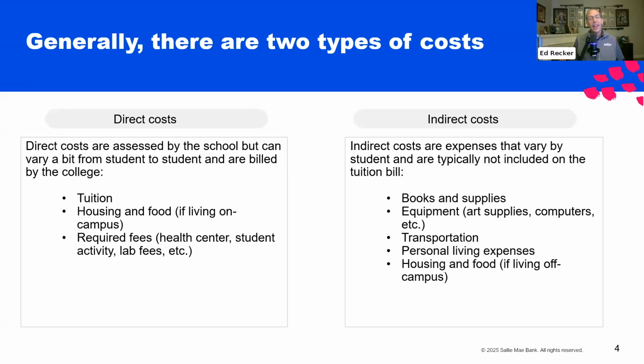Oftentimes, and I'm going to provide a bit of a caveat, a bit of a pause. Folks, I can tell you from my years of experience in a financial aid office and just being on college campuses seemingly for the better part of half of my life at this point, financial aid folks tend to speak their own language.